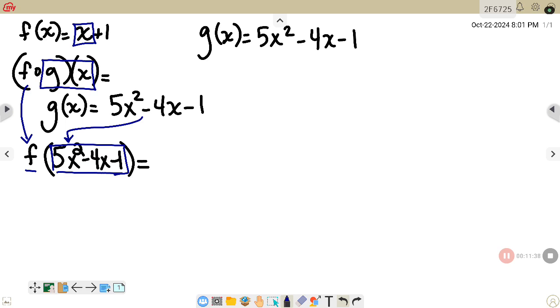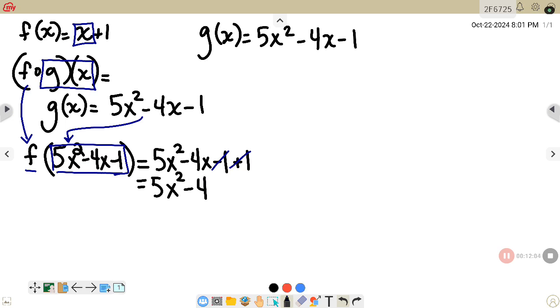So I will have 5x squared minus 4x minus 1 in place of the x, and then I'll have the plus 1 that comes after that. So now I do have a little bit of cleaning up I can do, because that plus 1 and minus 1 cancel each other out. So I am left with 5x squared minus 4x. That is f of g of x.